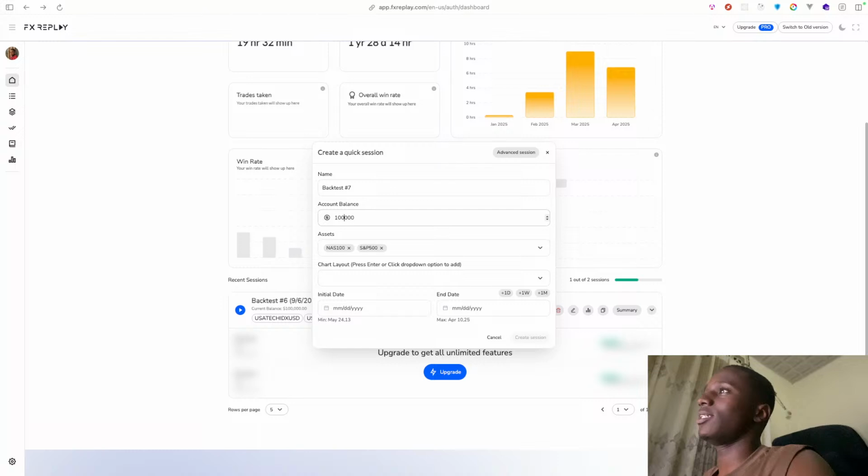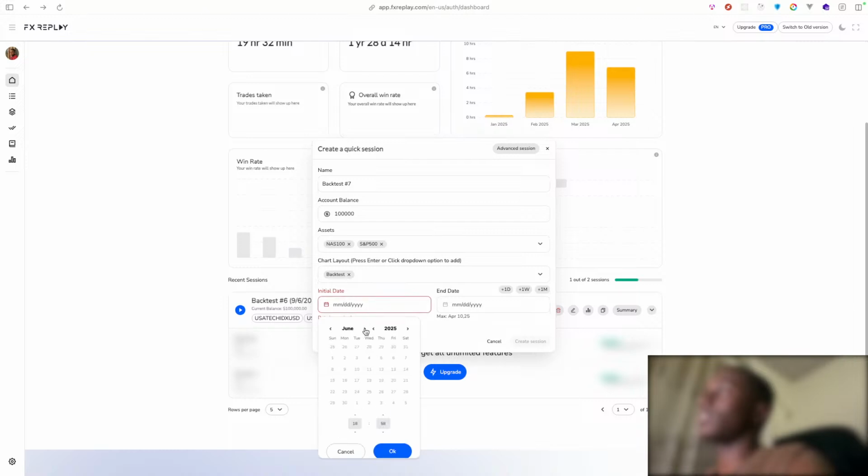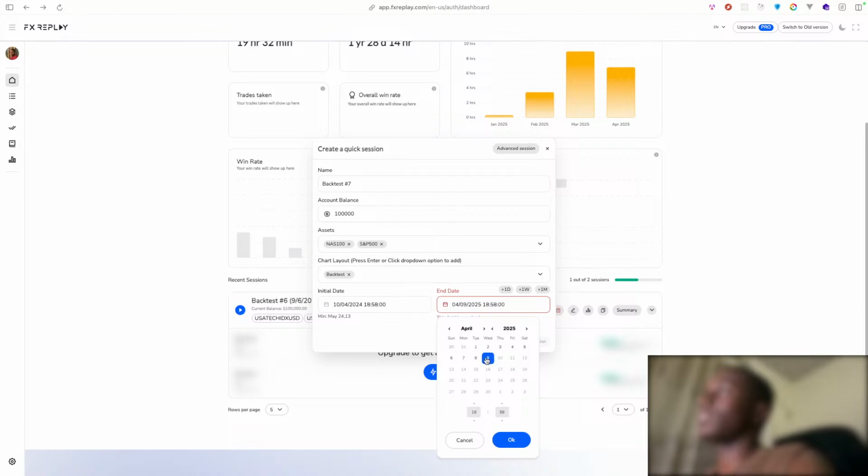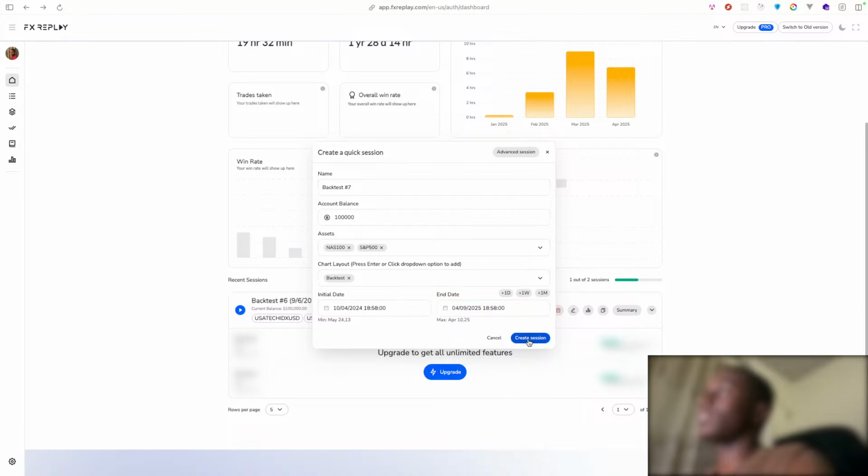This is currently my goal for now, and probably add the backtest as the layout and have Friday as... just select Friday October 2024. So Friday October, this one, and the time okay. Let's select this recent one right here and create the session.